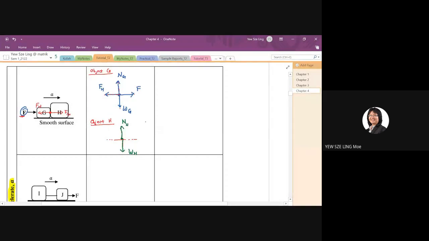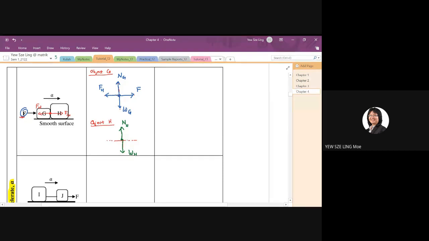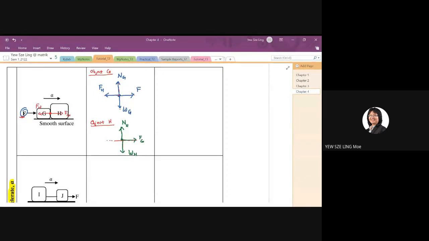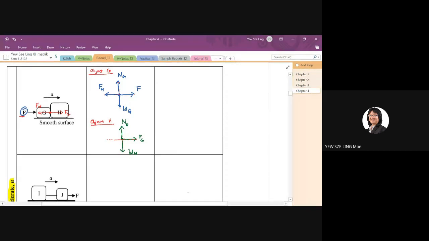You need to put a subscript here to indicate that this N is only for object H. And now, if you look at the diagram again, the external force is not directly in contact with object H. Therefore, we don't put F in our diagram. Now, what is the reason that object H can move? Because it is being pushed by object G. Therefore, we have FG here. So that's it. That is a complete free body diagram for object G and object H.